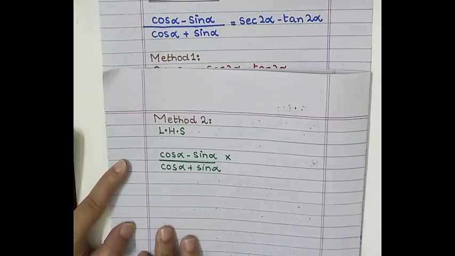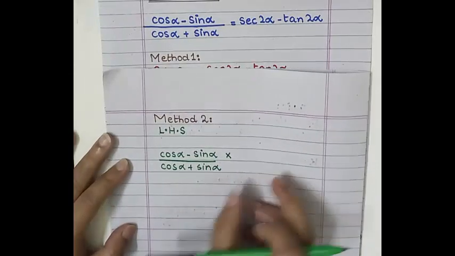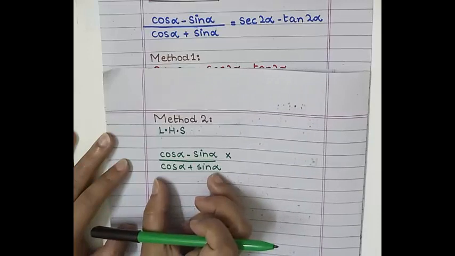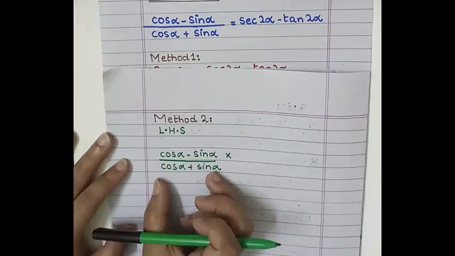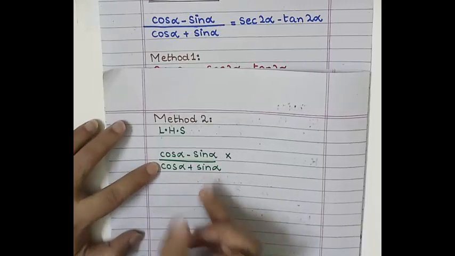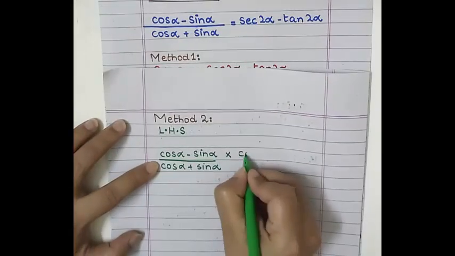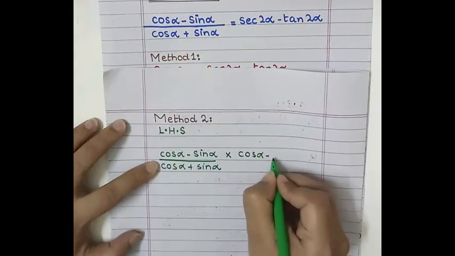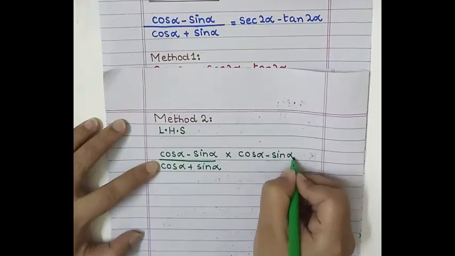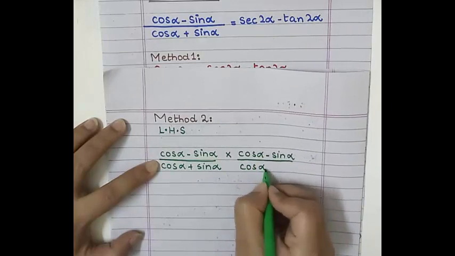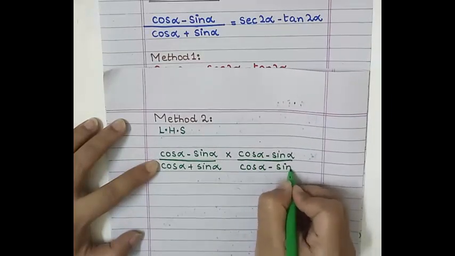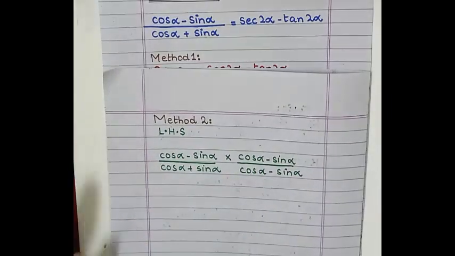In rationalization, we multiply and divide with a term which is present in the denominator, just the difference is the sign. Here we have cos alpha plus sin alpha, so multiply it with cos alpha minus sin alpha, and also divide it with the same term, cos alpha minus sin alpha.